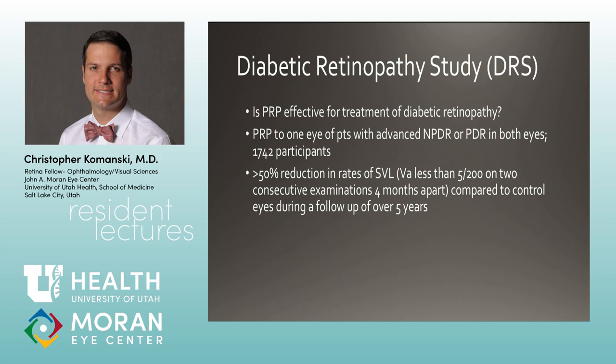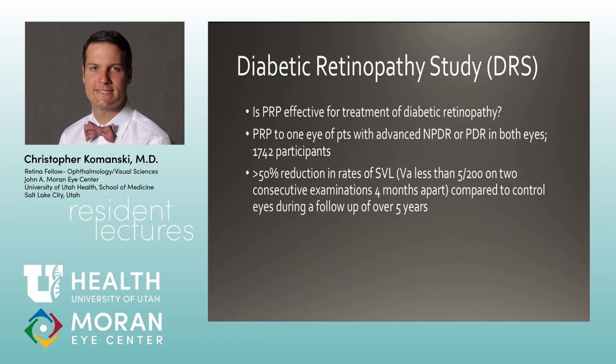So the DRS, the first one, 1972. The real question they were asking is: is PRP effective for the treatment of diabetic retinopathy? What they did was PRP to one eye of patients with advanced NPDR or PDR in both eyes.